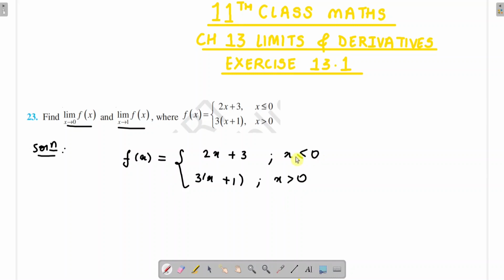So you can see that the function has two definitions, one when x is less than or equal to 0, another when x is greater than 0. So here the function is breaking at the point 0. So 0 is called the breaking point here.